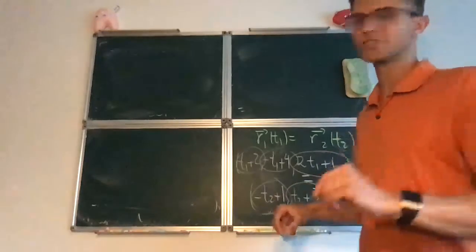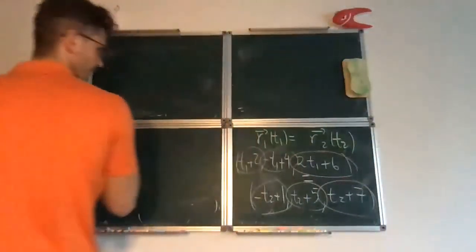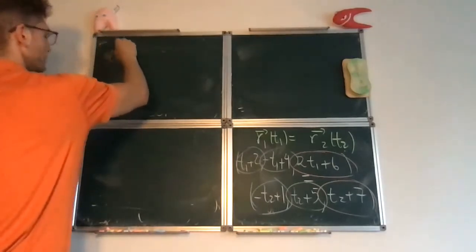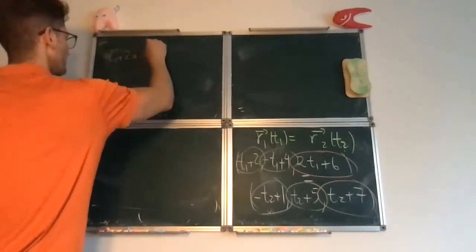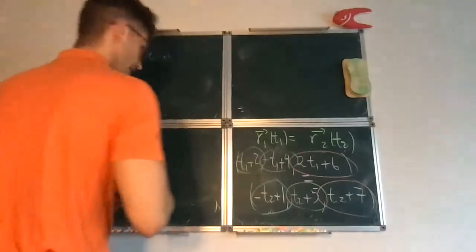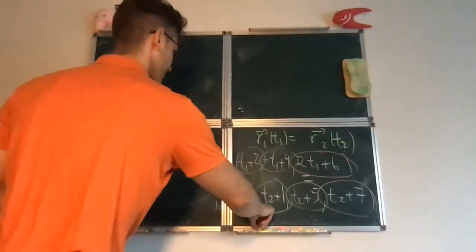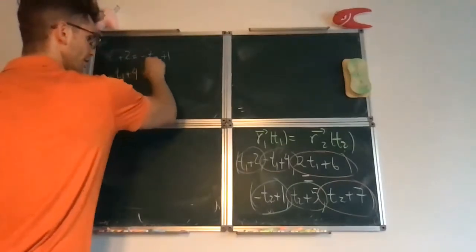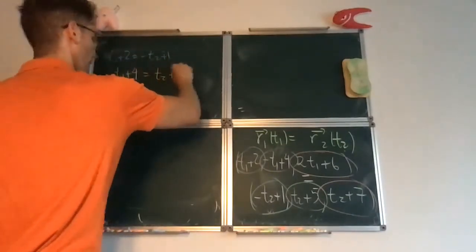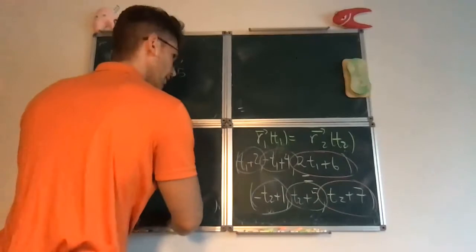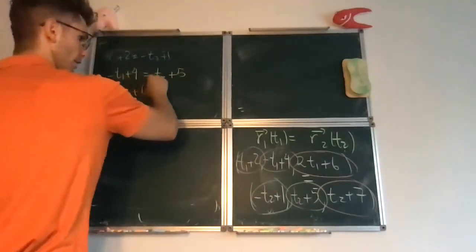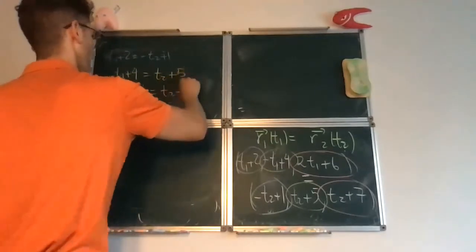So I was saying that you set equal the corresponding entries. So t1 plus 2 equals minus t2 plus 1, and then you get minus t1 plus 4 equals t2 plus 5, and then you get 2t1 plus 6 equals t2 plus 7.